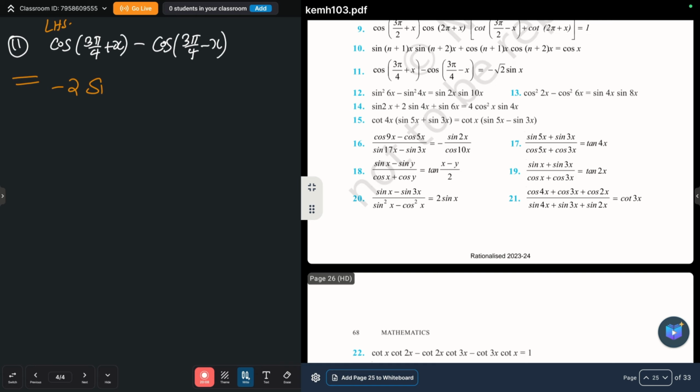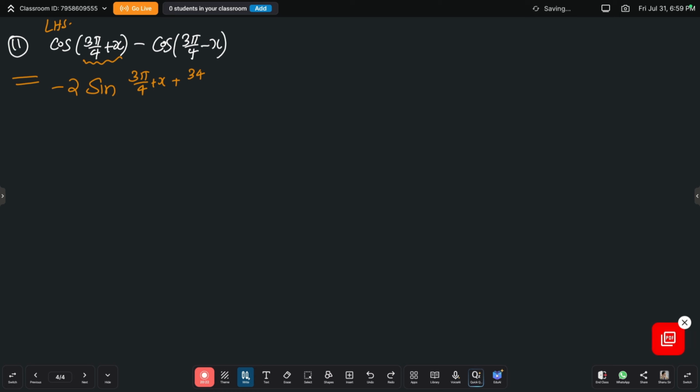Minus 2 sin of C plus D by 2. C means this complete angle: 3 pi by 4 plus x, and D means 3 pi by 4 minus x, upon 2. It is sin of C plus D by 2 into sin of C minus D by 2, because I have already written the minus.